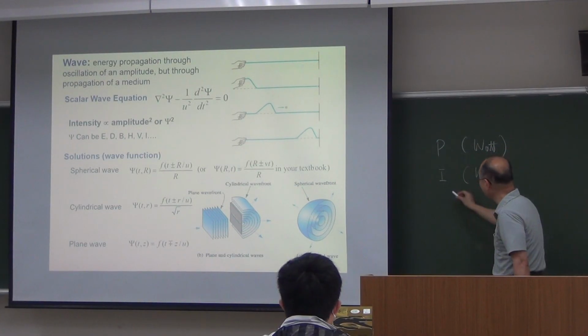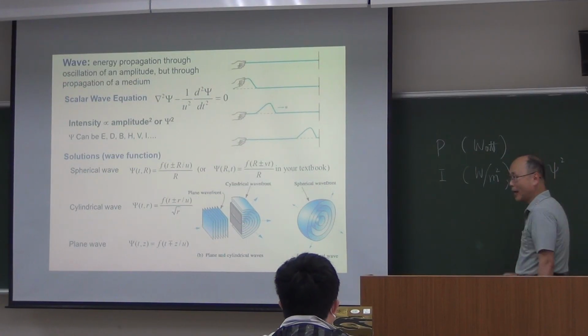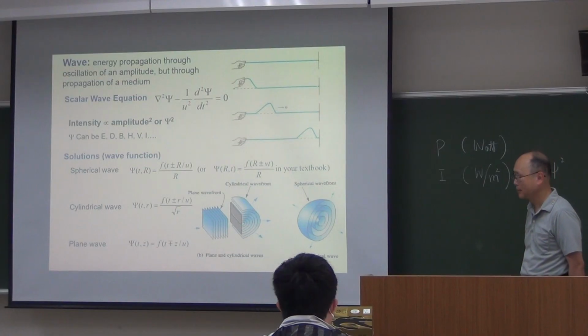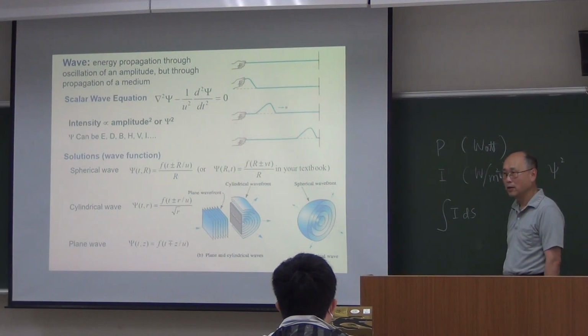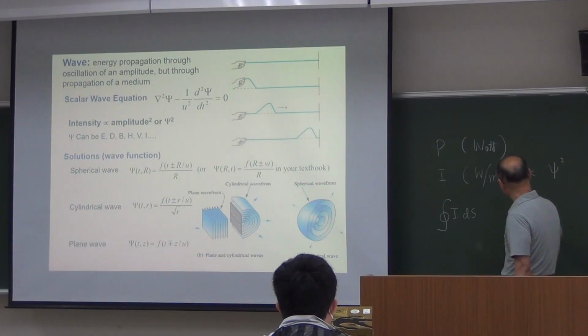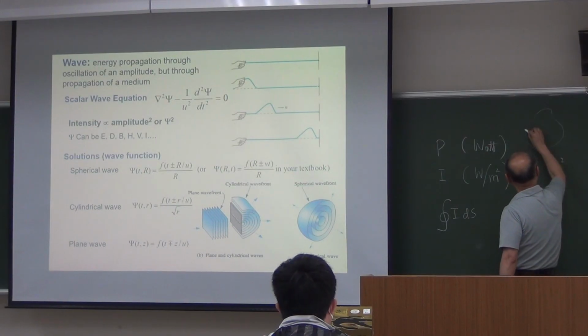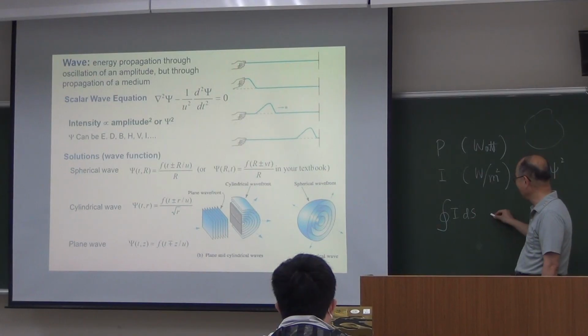Right? And then this is proportional to the square of the amplitude. When you do a surface integration across the space, integration over some volume, a cross-surface integration, it gives you the total power.